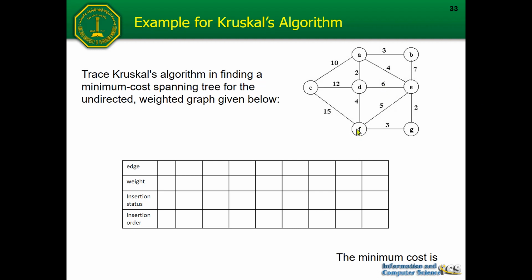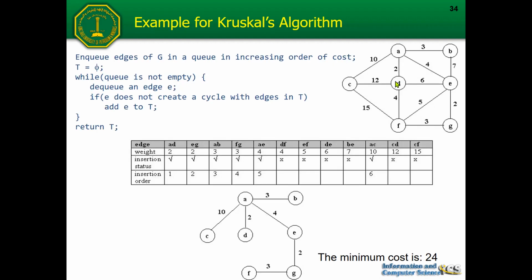Then after that, maybe the next one is this edge from F to G. Then maybe after that this one, maybe after that one. Okay, so in short, what you need to do is just order the edges based on the weight ascendingly. This will be the result.